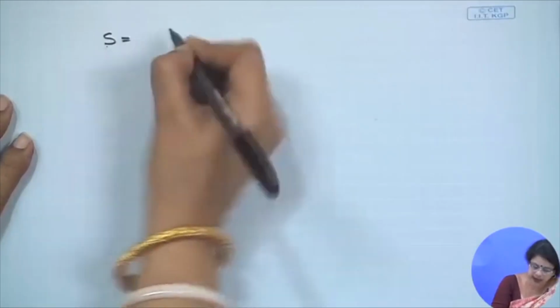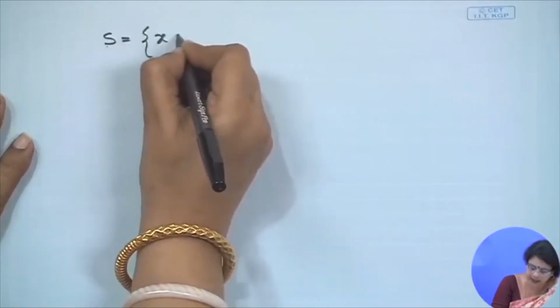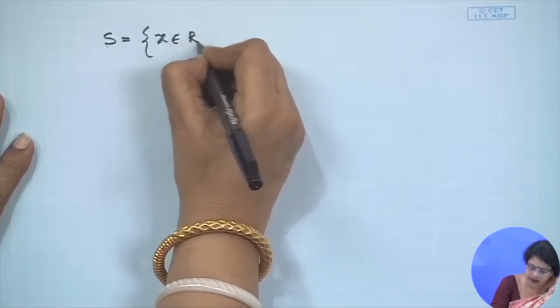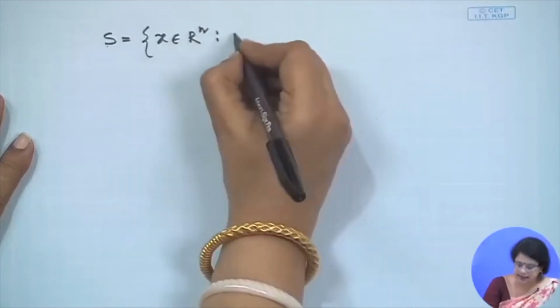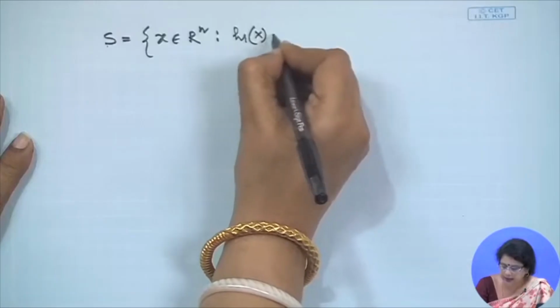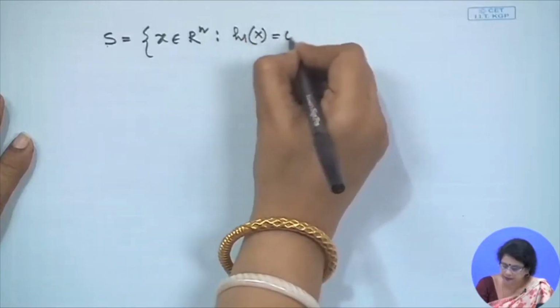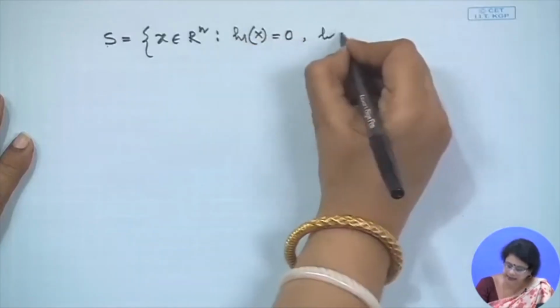Regular points are the points in R^n that satisfy the constraint set.